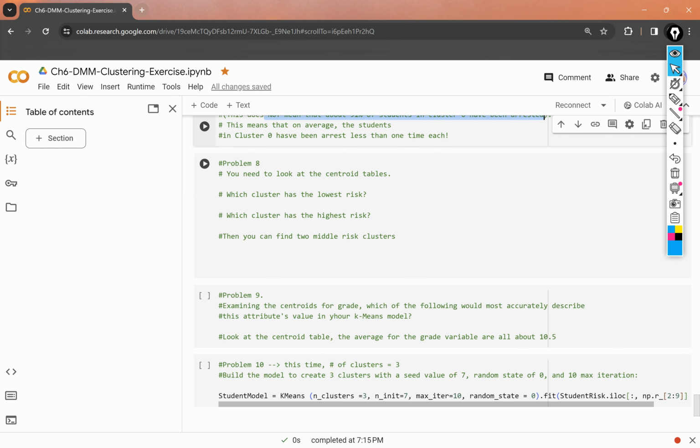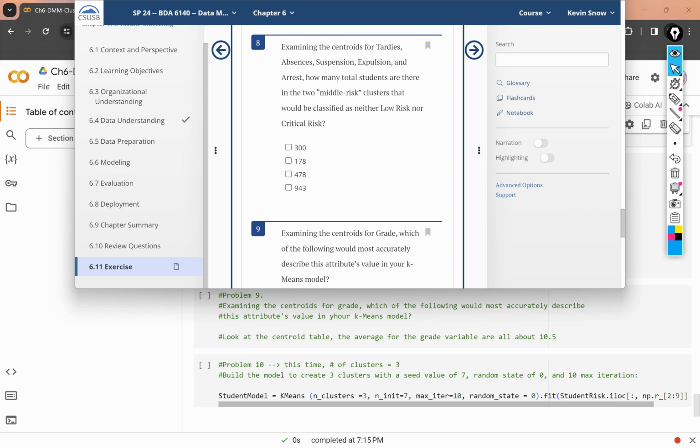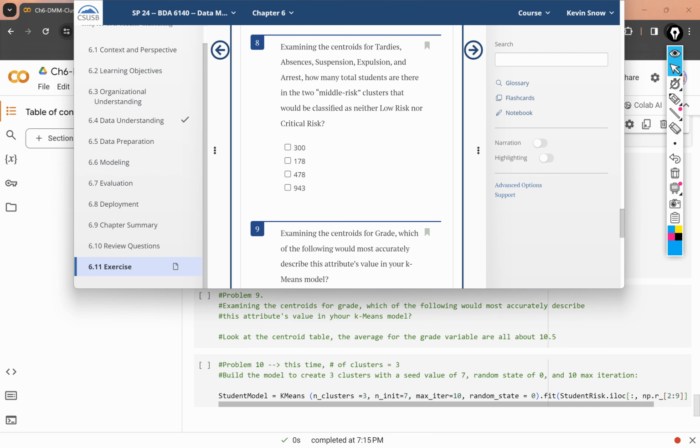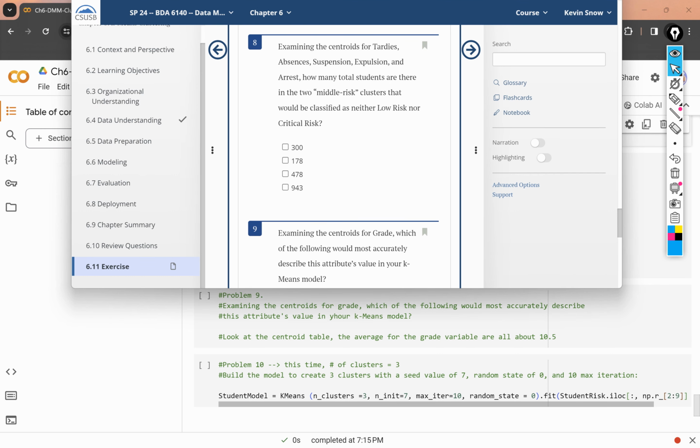And then let's look at problem number 8. Problem number 8 is examining the centroid for the total, absence, and so on. How many total students are there in the two middle risk clusters that would be classified as neither low risk nor critical risk? So basically, you need to find the two middle risk clusters.